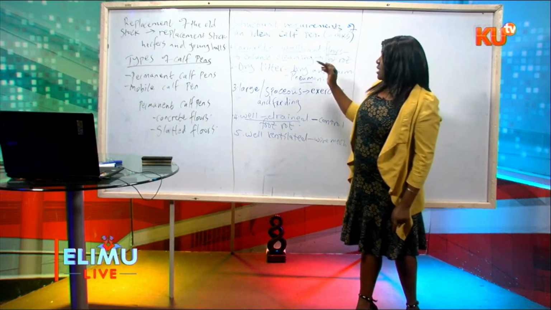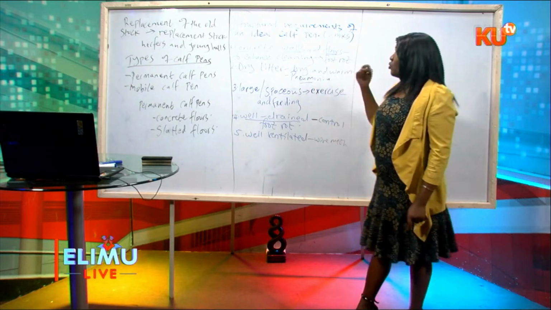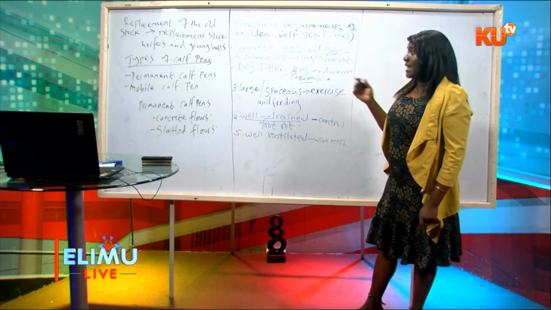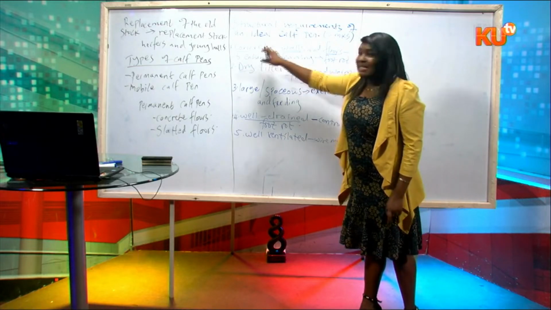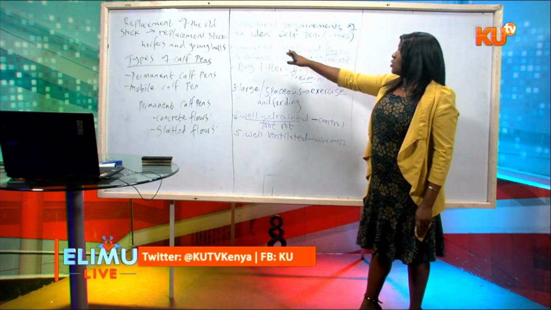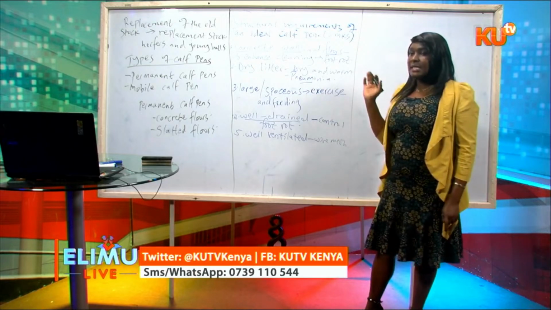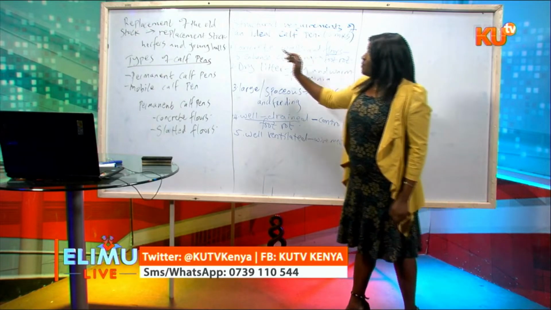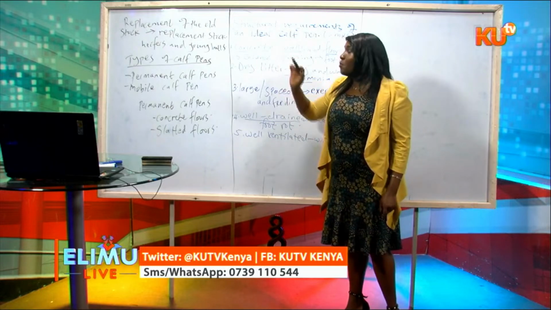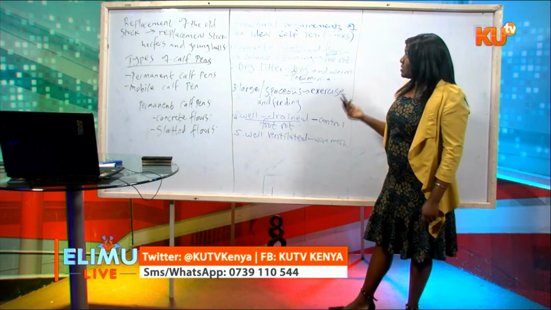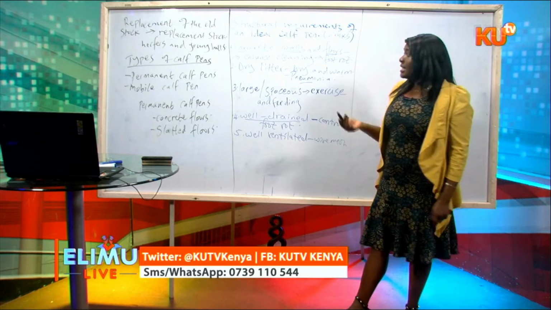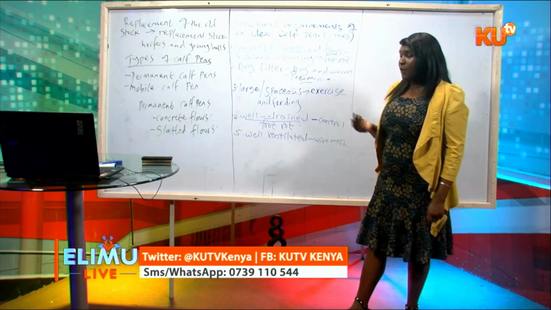I said we are going to highlight the mistakes that most students make when answering this question. Majority maybe just state concrete walls and floors and they proceed. This particular question requires 2 parts. There's the part on the concrete walls, and then you proceed and tell us why we need the concrete walls and floors.